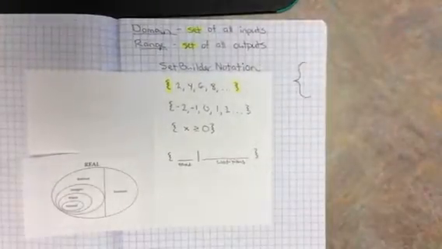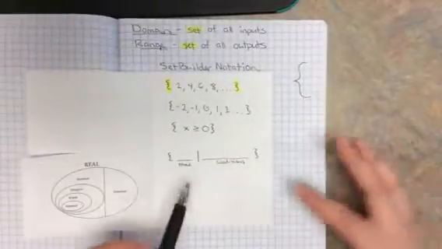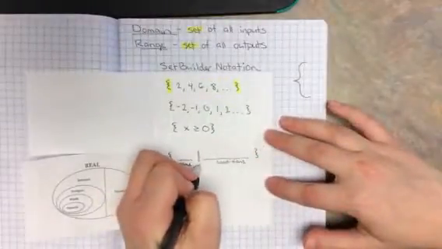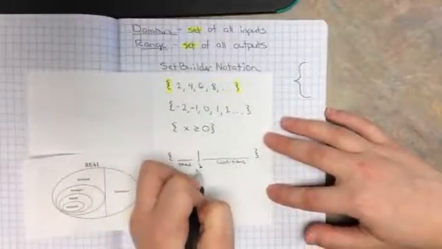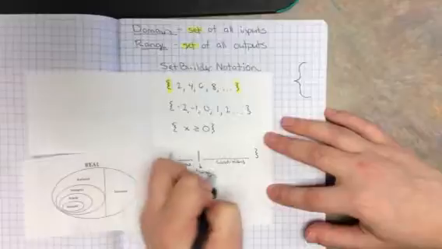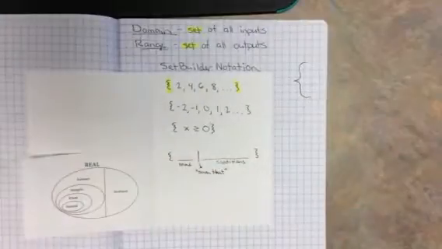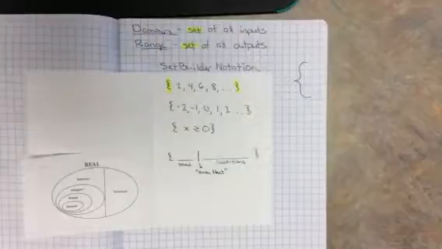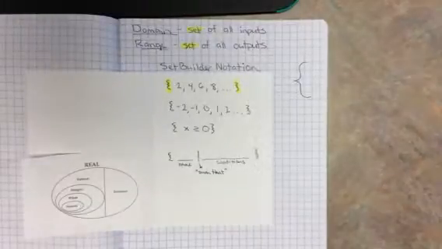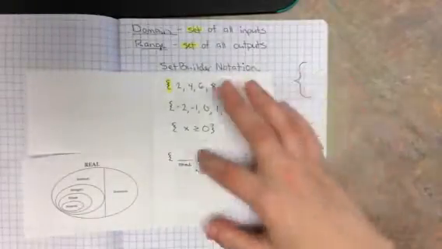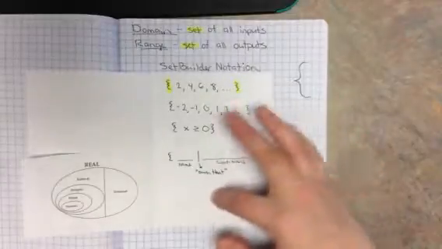If you were reading it out loud, when you hit that bar, you would say "such that." In a minute, this will make more sense when we actually fill numbers into it, but this is just the general outline.